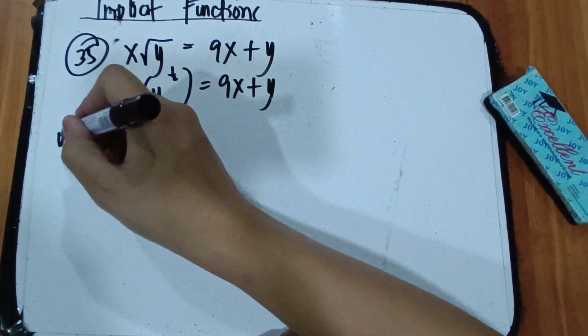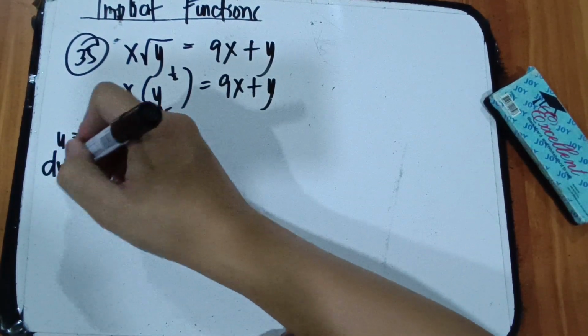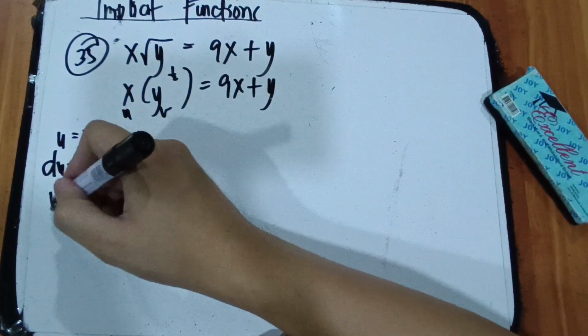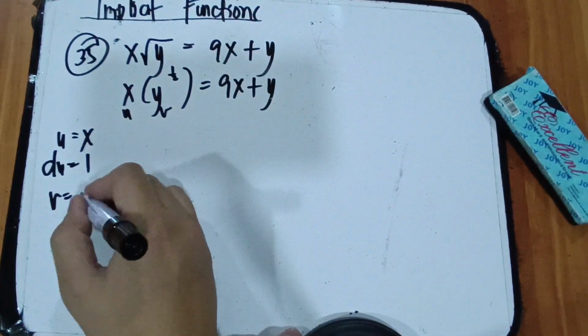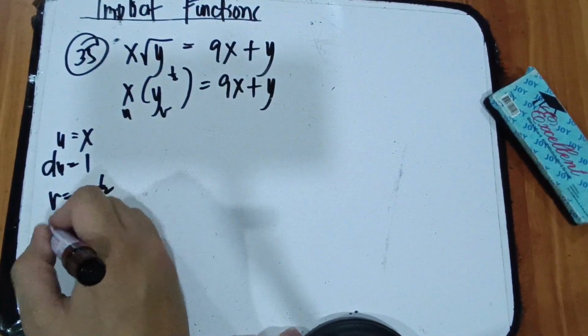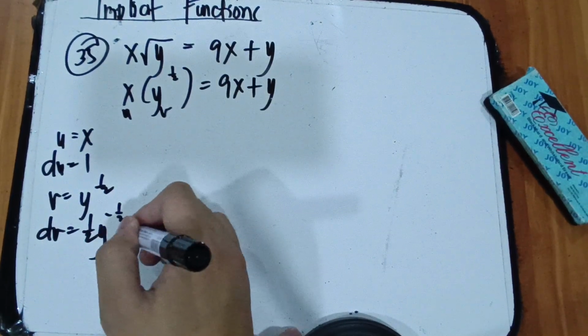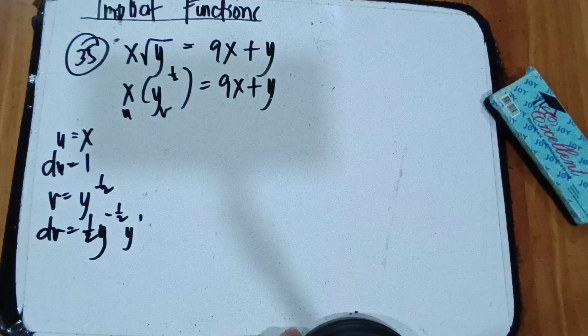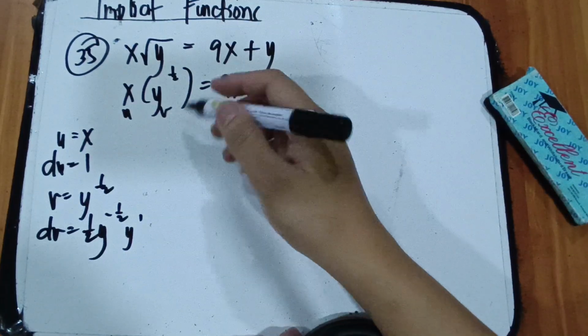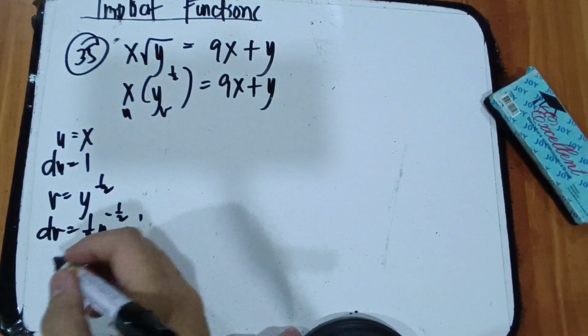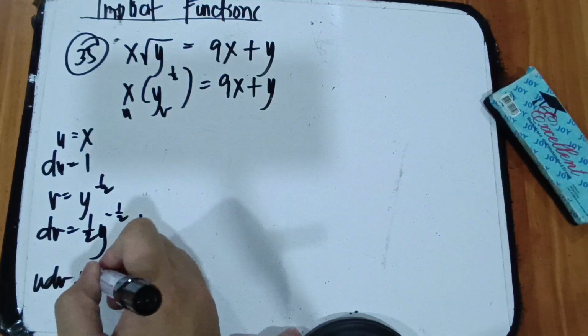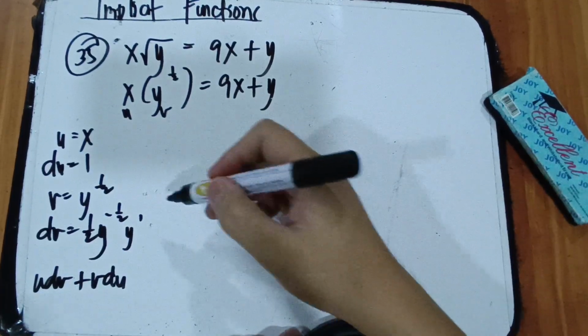So, kunin natin ang u dito, x. Ang derivative niyan, 1. Ang v natin ay y raised to 1/2. Anong derivative niyan? 1/2 y raised to negative 1/2 and y prime. Okay. Then, lagay natin sa equation natin na u dv plus v du. Ito na siya.